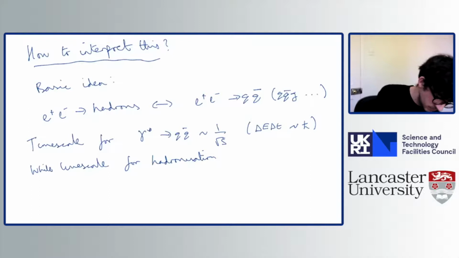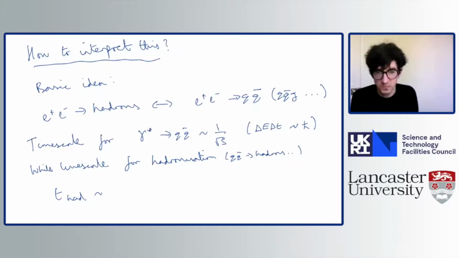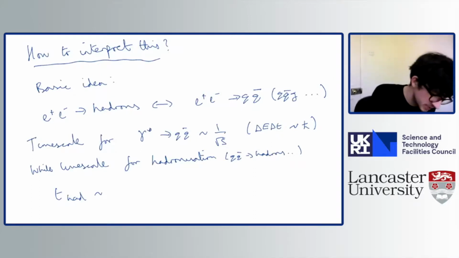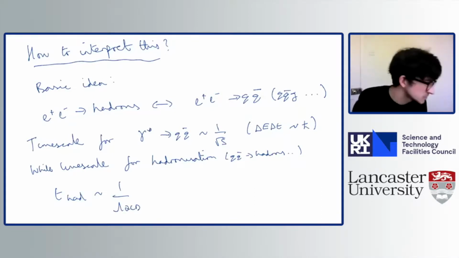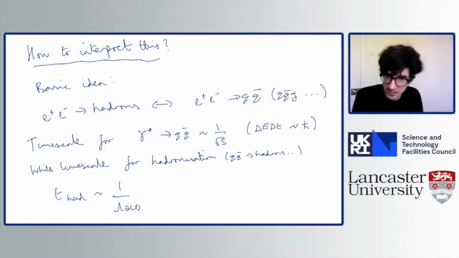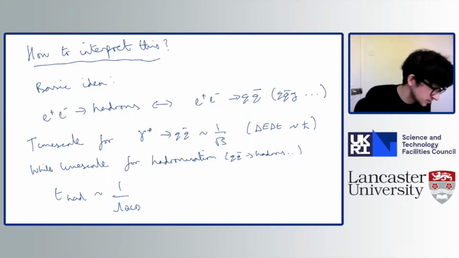To be clear, for QQ bar to hadrons, or QQ bar gluon to hadrons, etc., T hadronization is going to be of order 1 over the energy scale lambda QCD at which QCD becomes strong. So 1 over the proton mass-ish, okay? It's the characteristic energy scale of this hadronization, and the characteristic time scale is 1 over that.